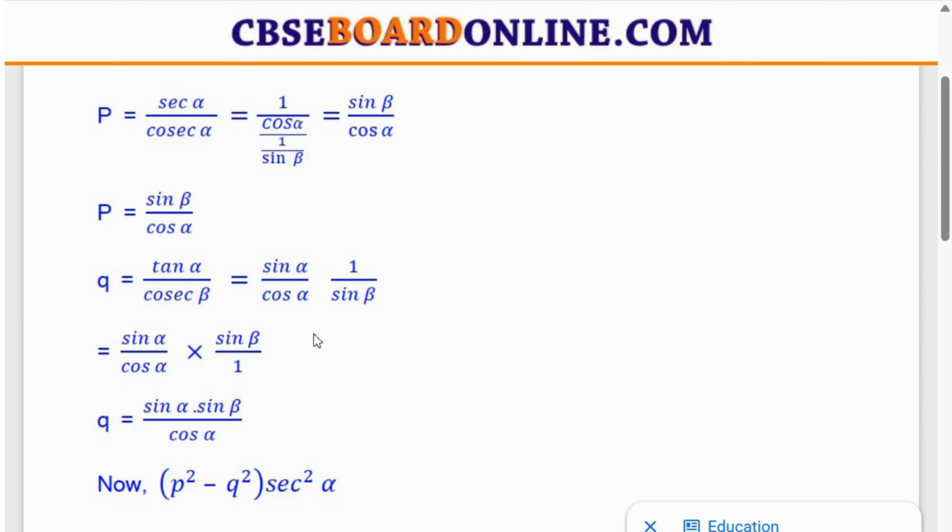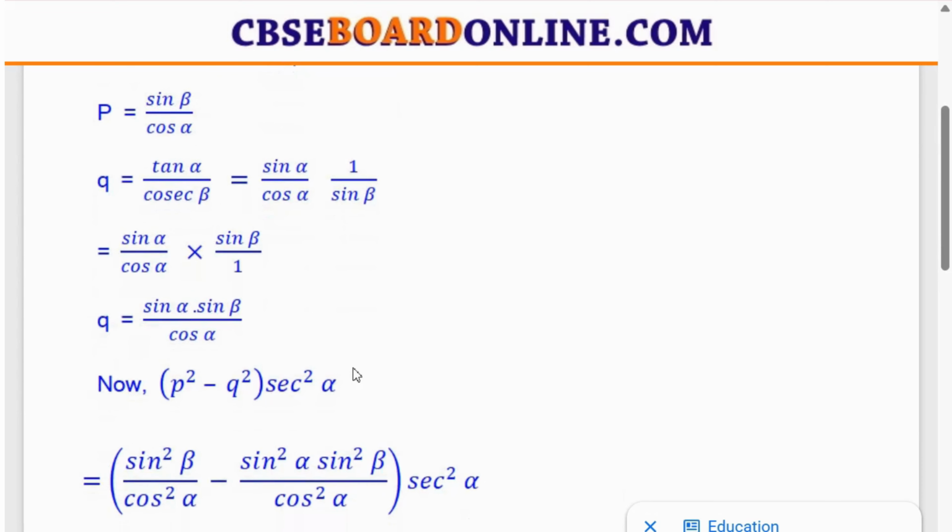In order to solve it easily, we have simply exchanged its position. So sine alpha multiplied by sine beta, and cos alpha multiplied by 1. So Q is sine alpha multiplied by sine beta upon cos alpha.